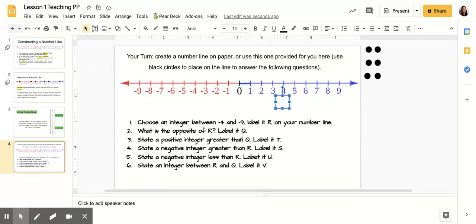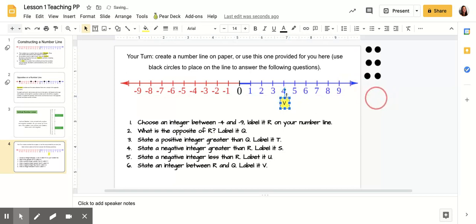So label it R, Q, T, S, U, and V. So you can include your text box there, and then you can just type in whatever letter. So if it's the letter V, you can type in the letter V, and you can resize it if you want. You can even put a color to it if you want to have it stand out a little bit. So I'll just drag this over here so you guys can use this as well if you would like to use it. So that will be available to you as well.